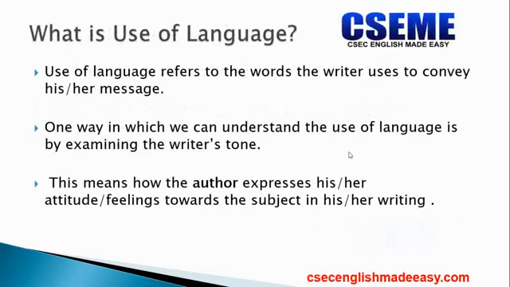Let me go back and do a quick recap. So on this slide, we talk about use of language. The use of language refers to the words the writer uses to convey his or her message. What words? So we're looking at the type of words. What is the meaning of the usage of these words?